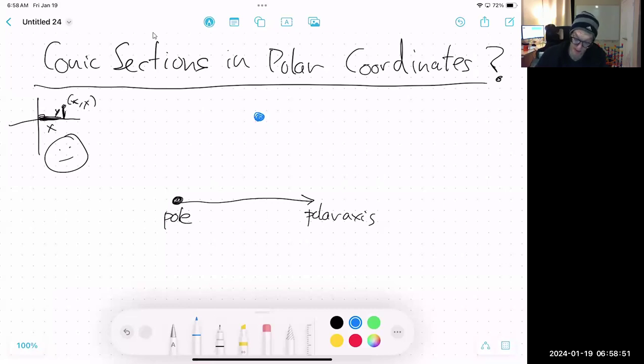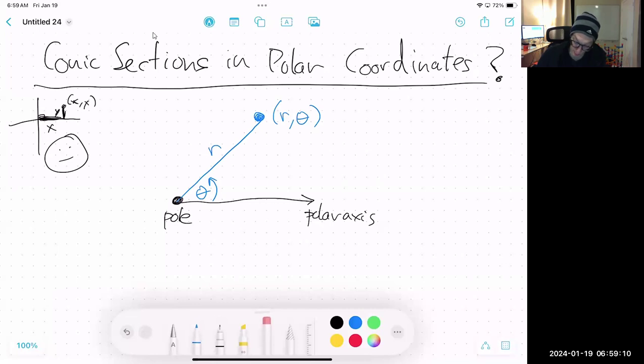If we take a point in the plane and give it polar coordinates r comma theta, the meaning is that the point is r away from the pole, and the counterclockwise angle of rotation to that point is theta from the polar axis.